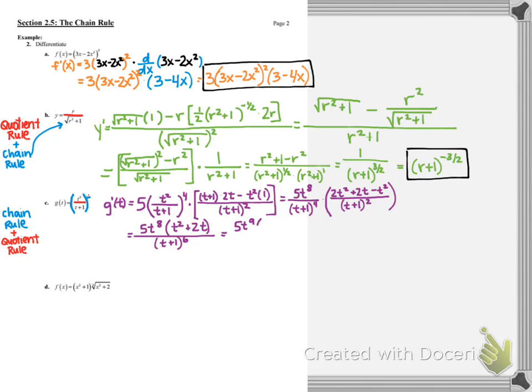We continue to simplify, pulling out another t, and this is our final answer as the derivative of g of t.